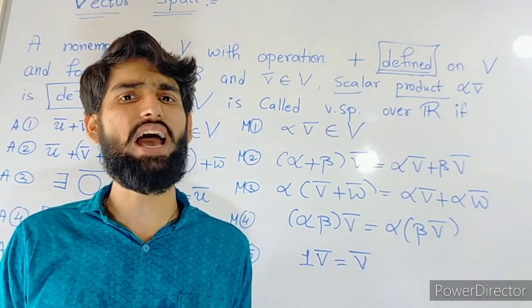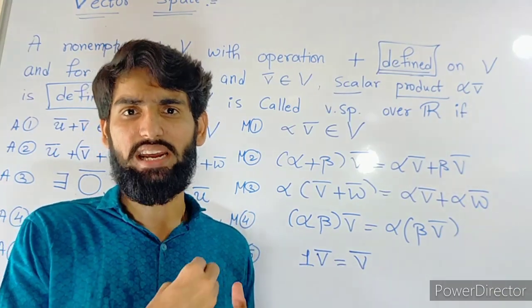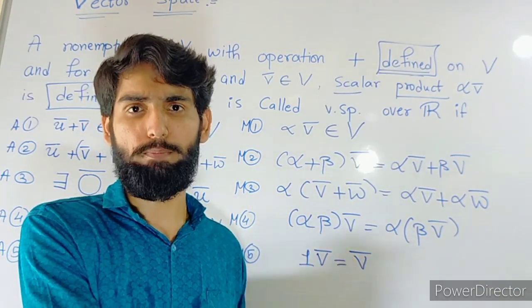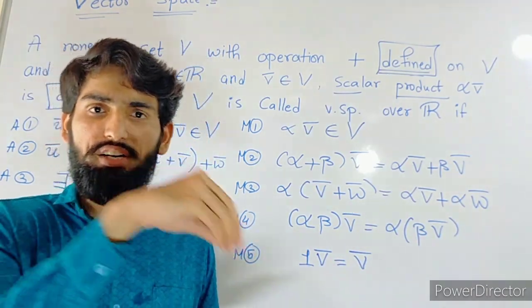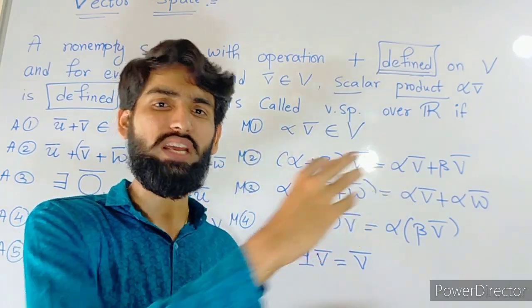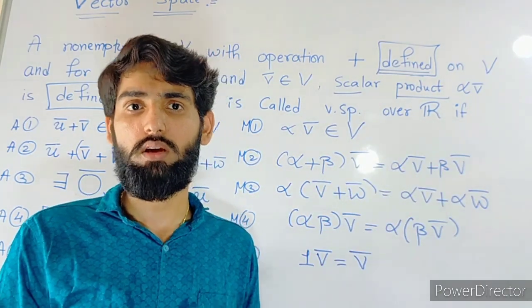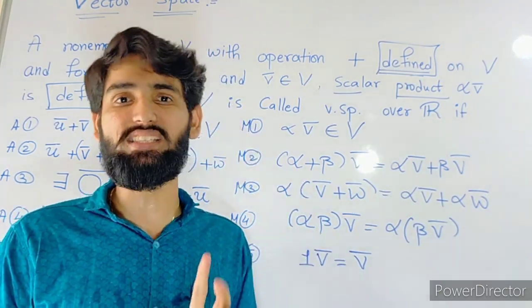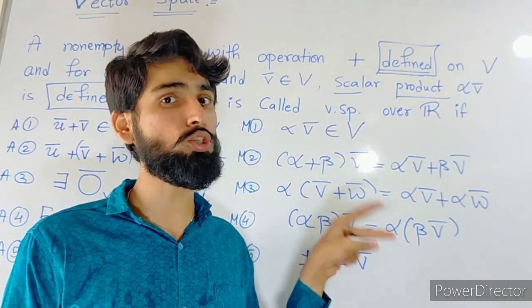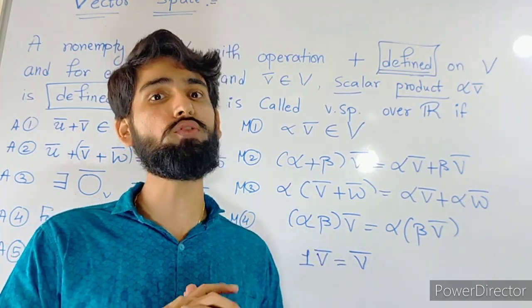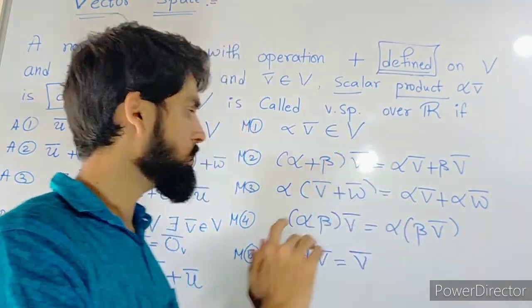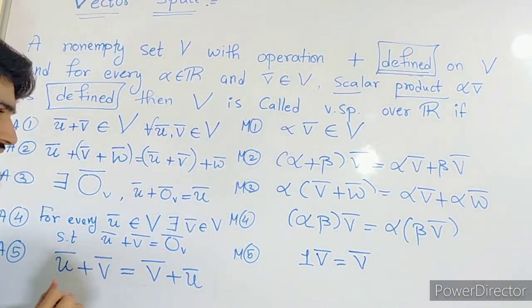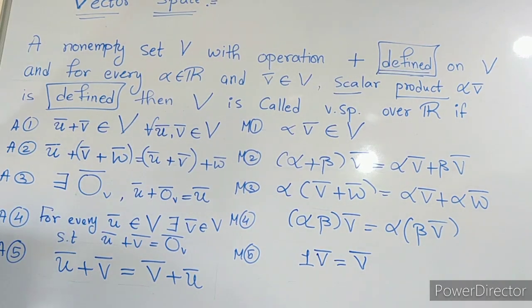That means if you have alpha times a_n x raised to n plus dot dot dot plus a1 x plus a naught, then we are just distributing this alpha to each of the terms. So this non-empty set R[x] with these two operations is going to form a vector space. Let us just see the two important things. Rest I feel you guys can see. What is a zero element?